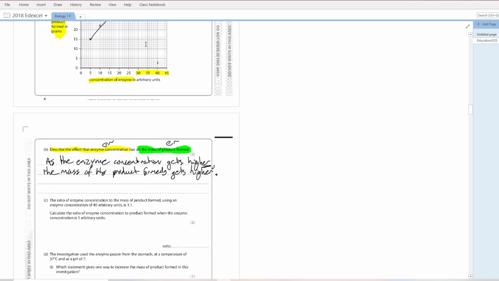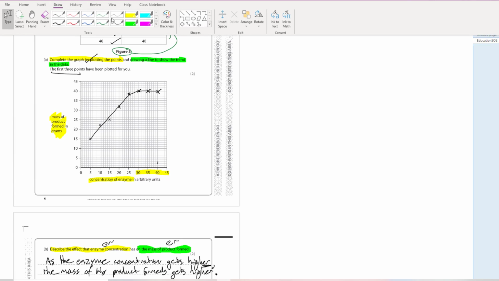So that's the first part. I've told the story of this part of the graph. As it gets higher, the mass of the product formed gets higher.